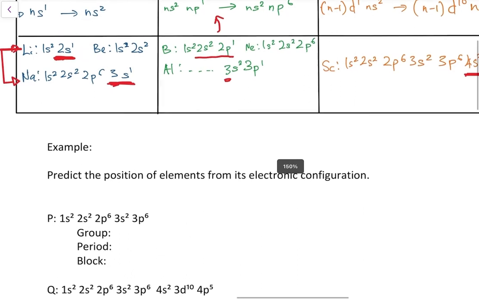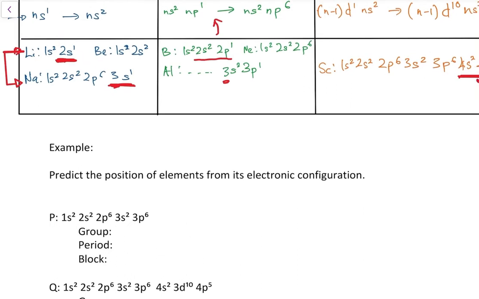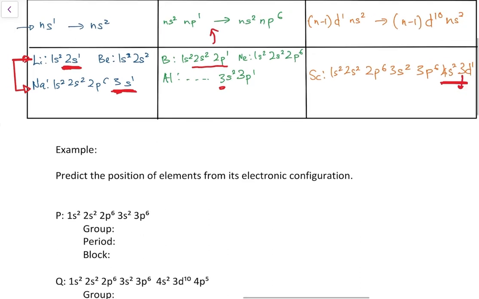So let's predict the positions of the elements from the electronic configurations. For the first one, as you can see, the outermost electron for this element is in P. According to the table before, the formula for P is ns2 np1 up to ns2 np6.